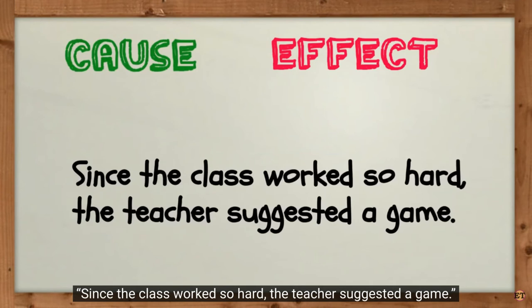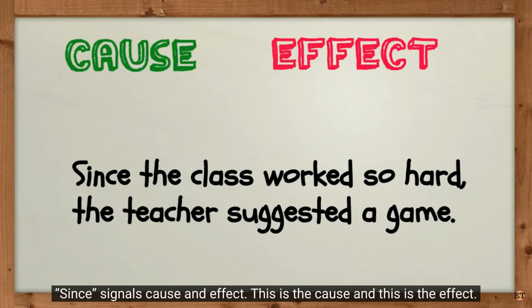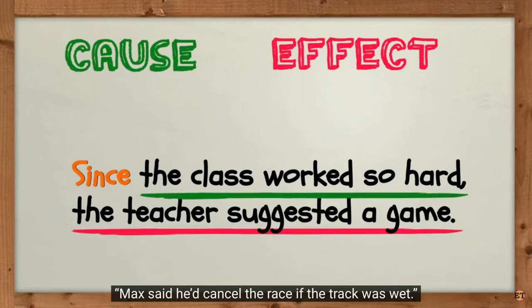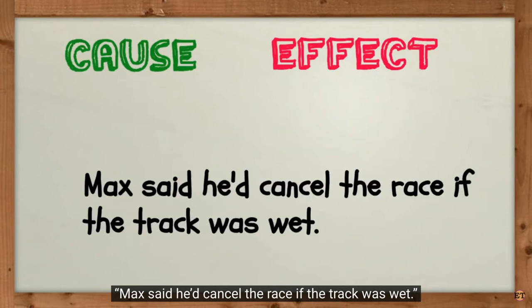Since the class worked so hard, the teacher suggested a game. The word since signals cause and effect. This is the cause and this is the effect. Max said he'd cancel the race if the track was wet.